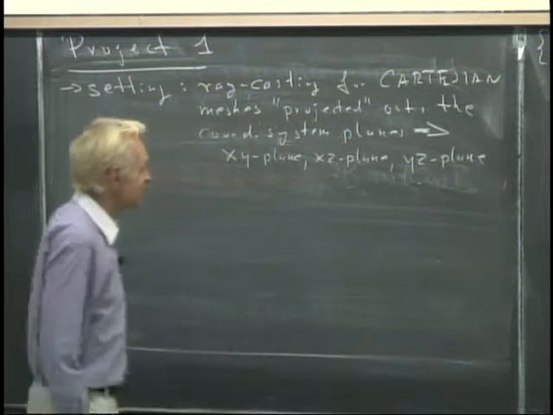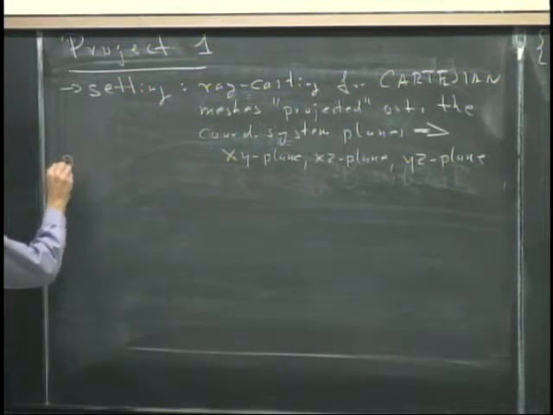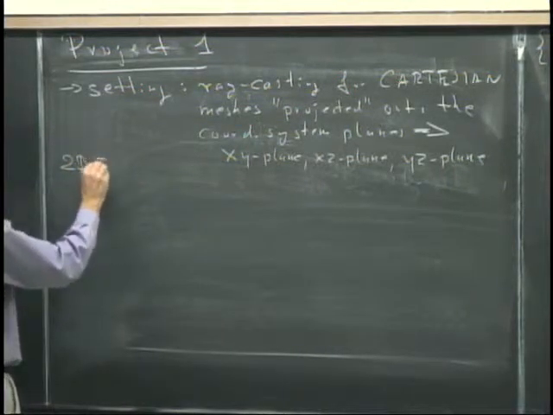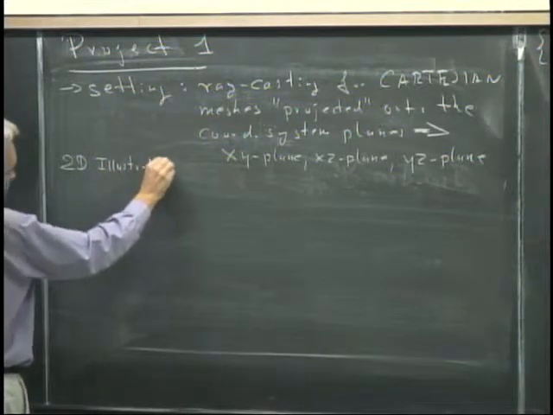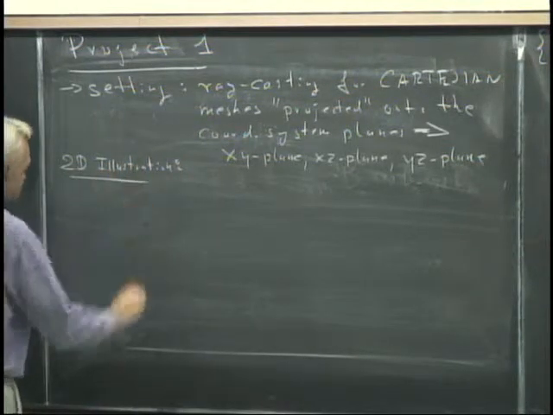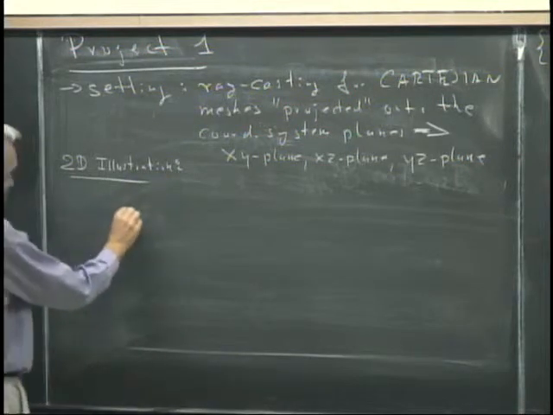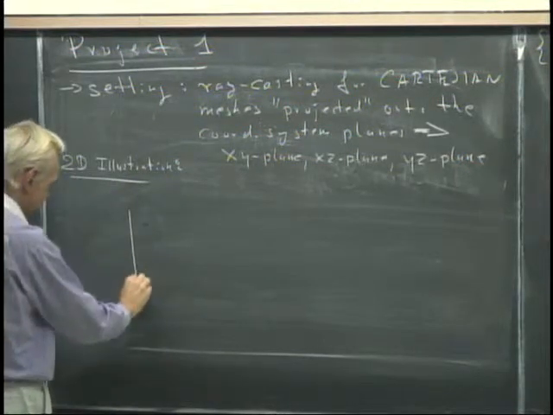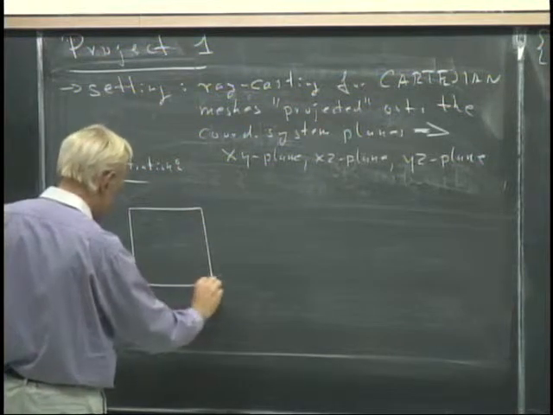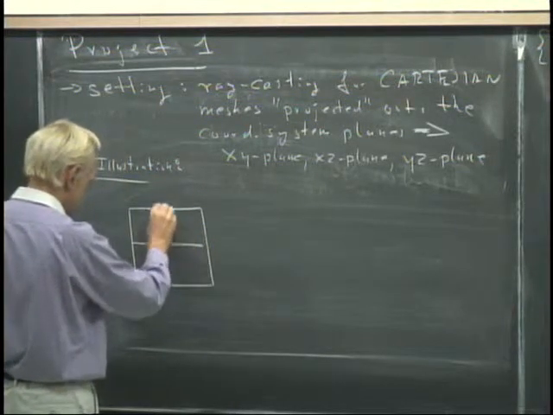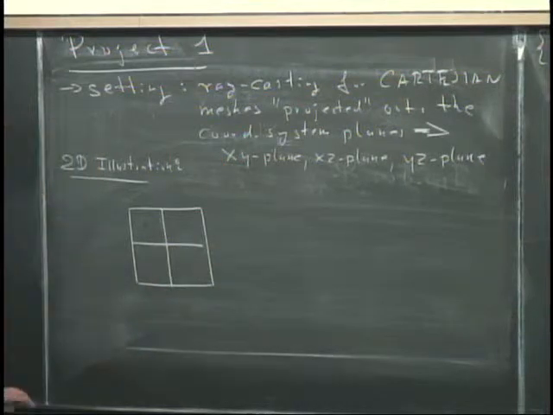Now I illustrate that for the 2D case. So in the 2D case, we have our very nice, happy and simple Cartesian mesh of resolution 3 by 3 grid points, or 2 by 2 voxels.